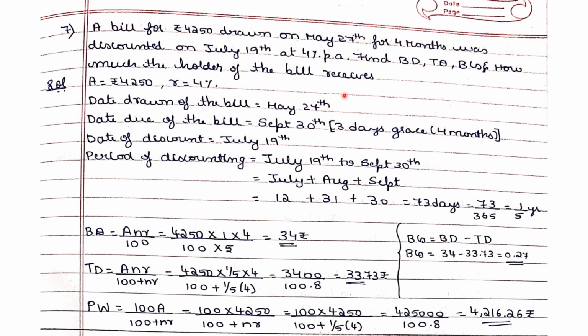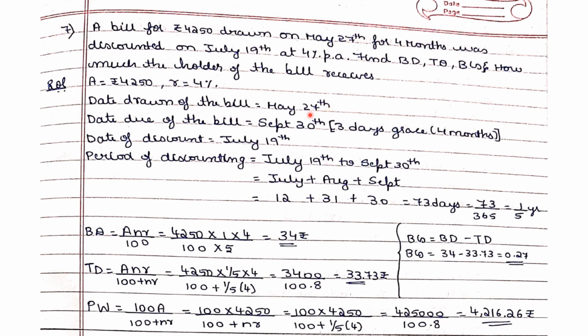So here is some information you have to understand. Whenever a bill discounting is done, it will have a starting date and an end date. For the final date, a 3-day grace period will be given. In the same way, the date drawn on the bill is May 27th.